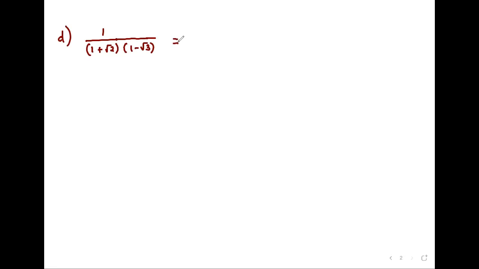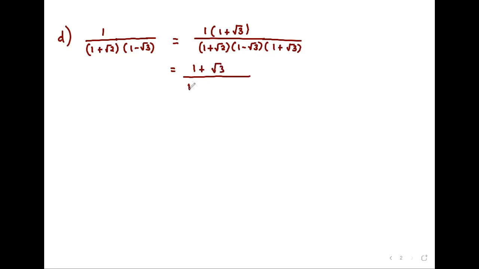If you want, you first rationalize the second part. So you say, okay, I'll multiply by 1 plus root 3, so that I have 1 plus root 2, 1 minus root 3, multiplied by 1 plus root 3. So we'll get 1 plus root 3 over 1 plus root 2.